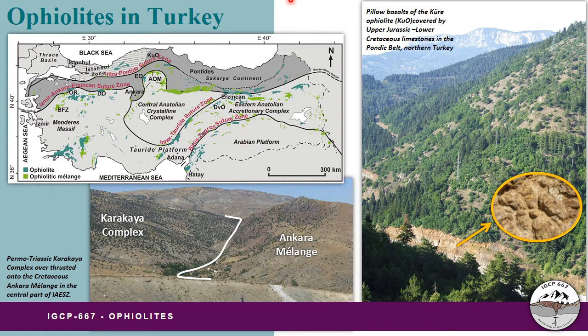And accretionary type orogenic belts, for example the Ankara mélange and the Karakaya complex belonging to the Sakarya continent. Here, the Sakarya continent and the Ankara mélange represent an accretionary type orogenic belt.